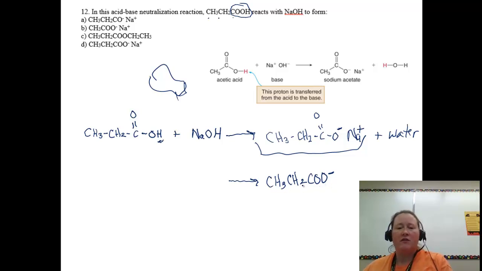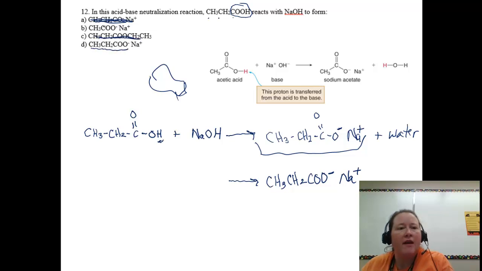So when we look at our original question, the one that fits that would be this one right here. Nope, that's not true either. It's a trick. This is not the correct way to represent a carboxylate ion, and neither is this.